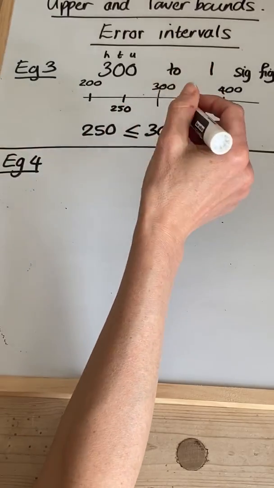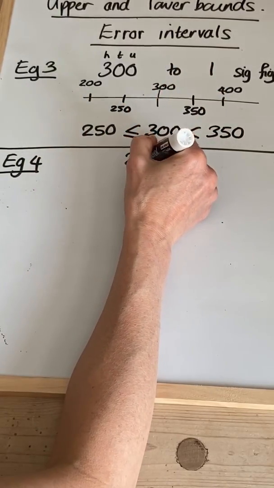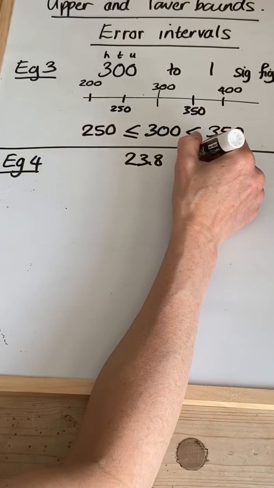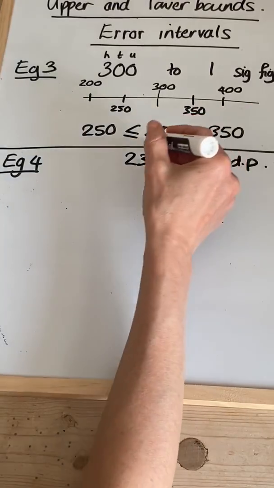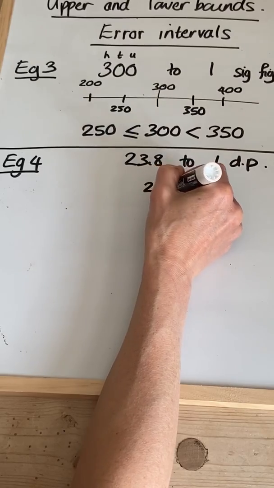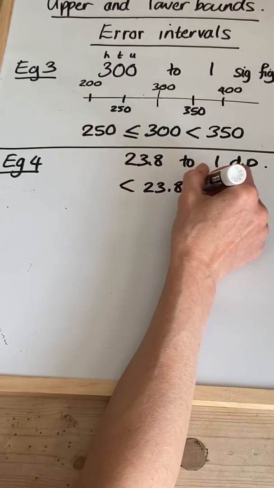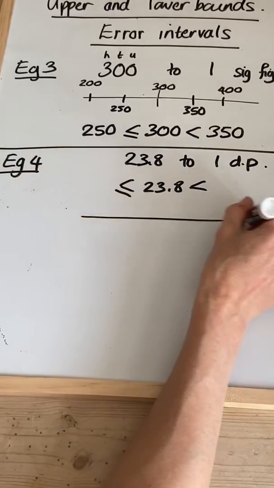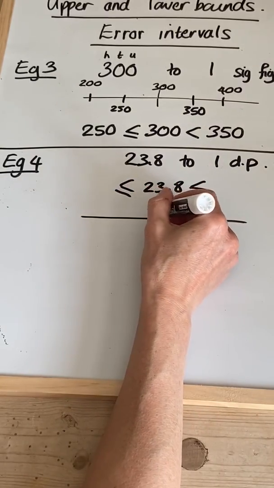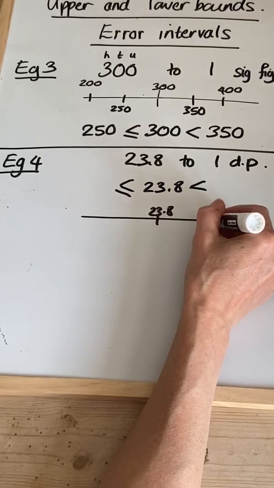Example 4, I'm going to go for 23.8, which has been rounded to one decimal place. So 23.8, put in my inequality signs, think about my number line. I'm going to one decimal place on either side.